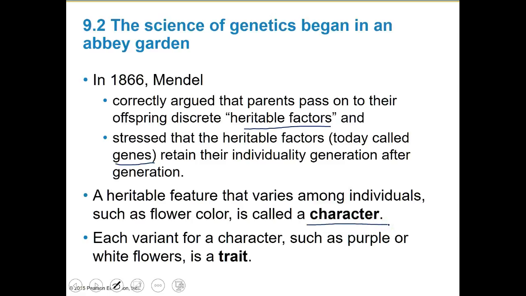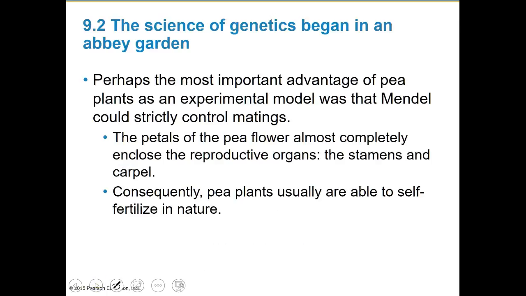Each variant for that character, such as purple or white, is a trait. So we'll look at some examples, but the feature is the character and the variant is the trait. If that's still a little wonky to you, we'll get to a picture here in just a second.